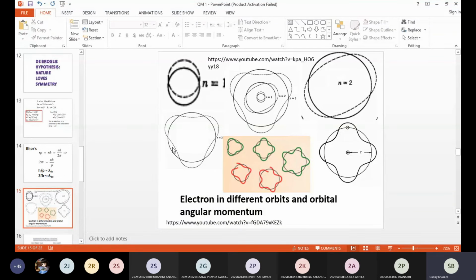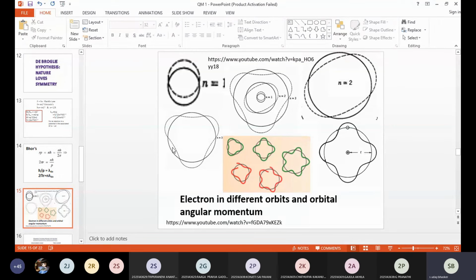Is there any use of it? Yes, immediately that is applied to Bohr's explanation. Bohr said that 2 pi r is equal to n lambda. Why should it be n lambda? Because the electron exhibits wave nature, and when 2 pi r is equal to n lambda, we get stationary waves. That means energy is conserved, so the electron has a constant energy when revolving in one particular orbit.